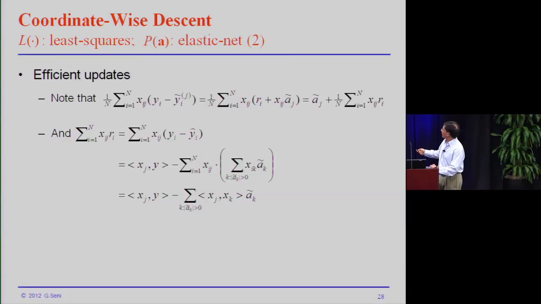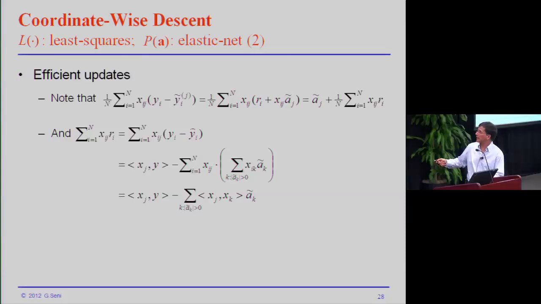And so the first part, xij times y sub i, this is the dot product of x sub j and y, right? So these two parts is this dot product.